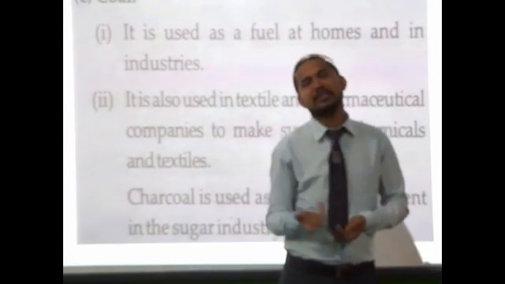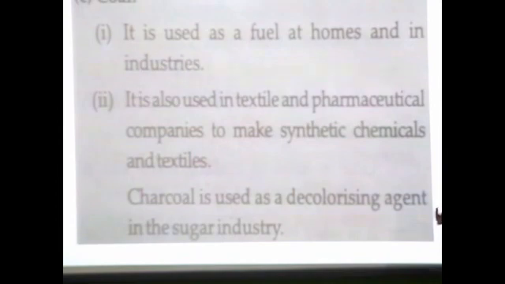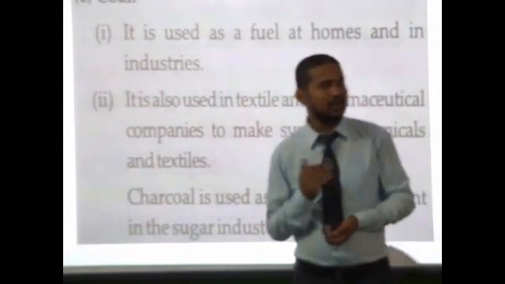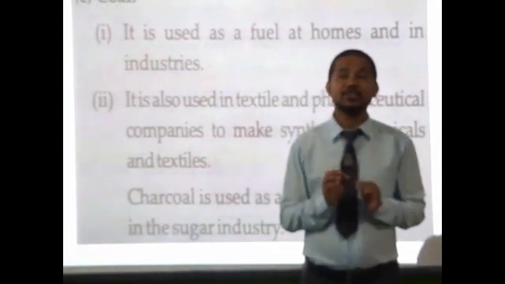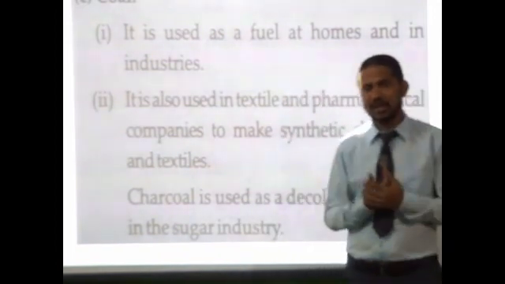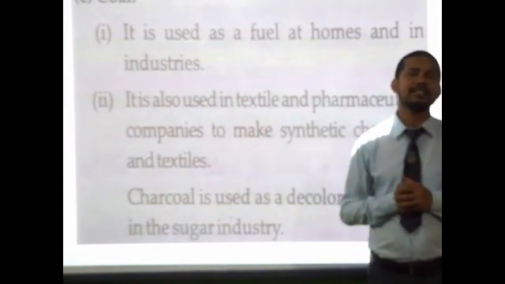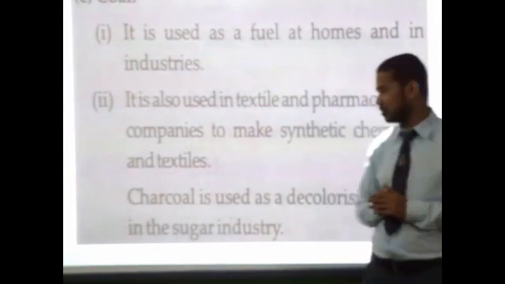And for removing this brown color, for decolorizing, what is used? Charcoal is used. So what is charcoal used for? Charcoal is used for decolorizing sugar in the sugar industry.